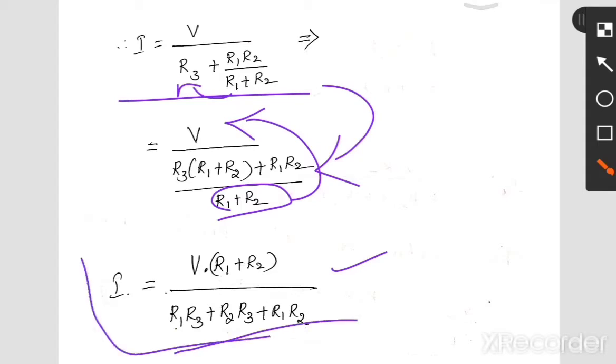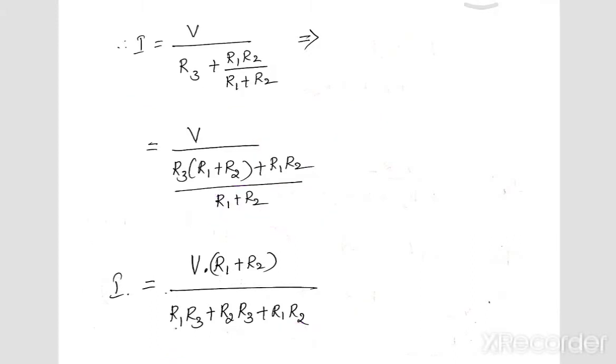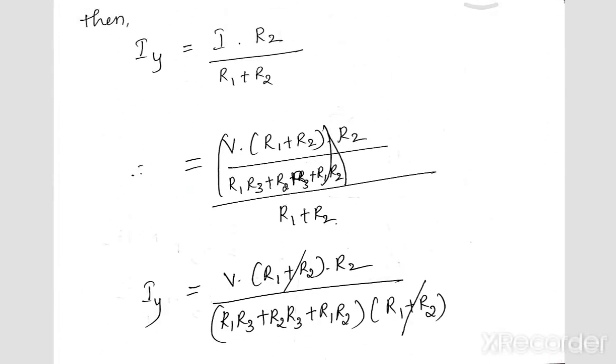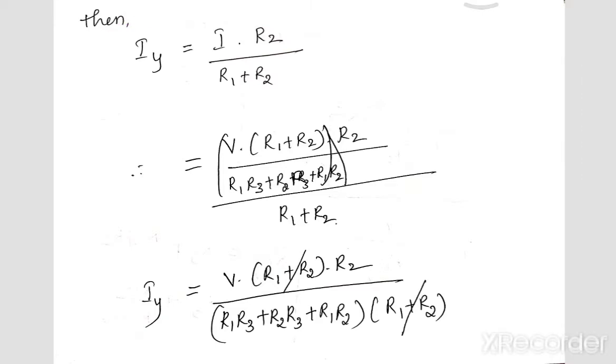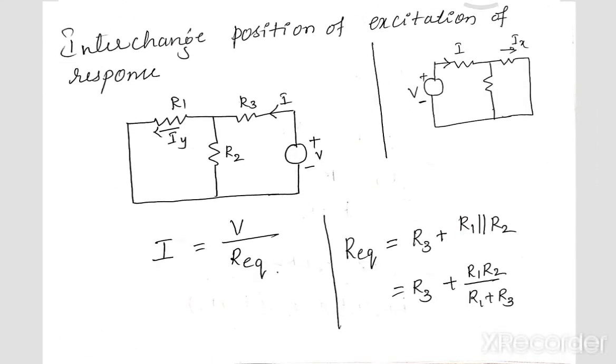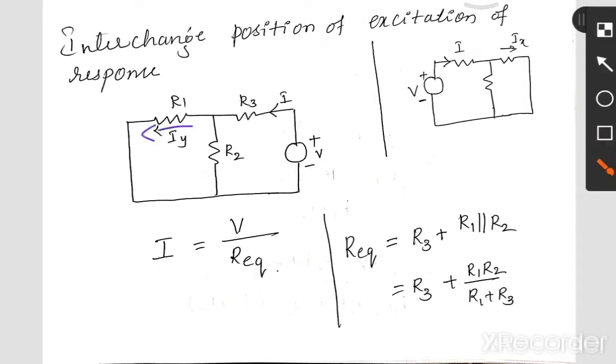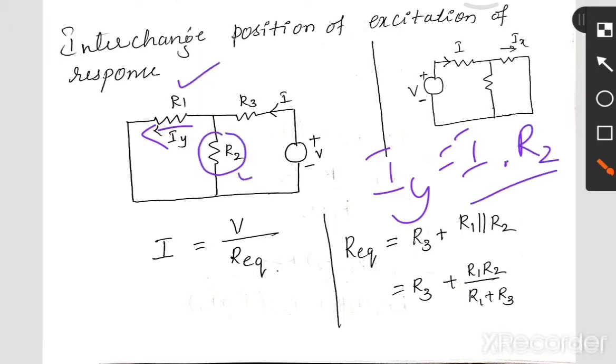Now this I we have to substitute in the branch current formula. Let's take Iy, that was a branch current. Iy is equal to the main current into the resistance of the other branch divided by the total resistance, that is R1 plus R2.